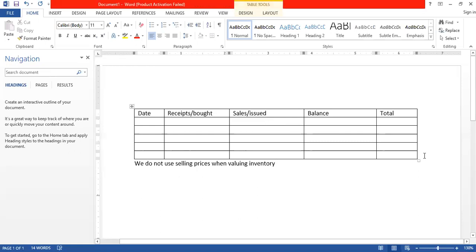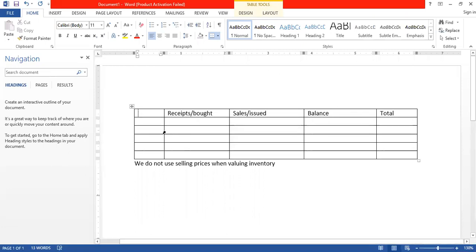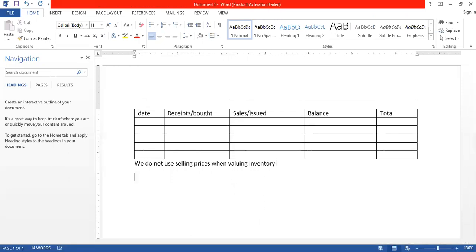So we are starting off with FIFO first, which is first in, first out. With first in, first out, the inventory that came into the business first will be sold out first.